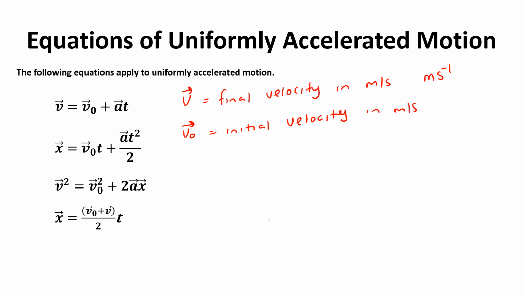A is the acceleration in meters per second squared. And we can also write meters per second squared as m s to the power of -2. T is the time in seconds. And x is the displacement in meters.